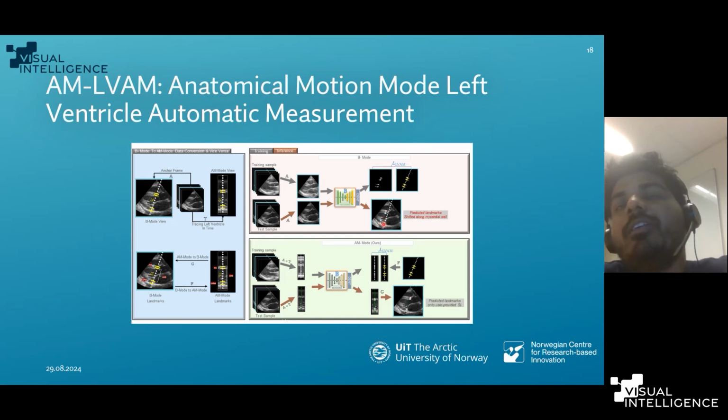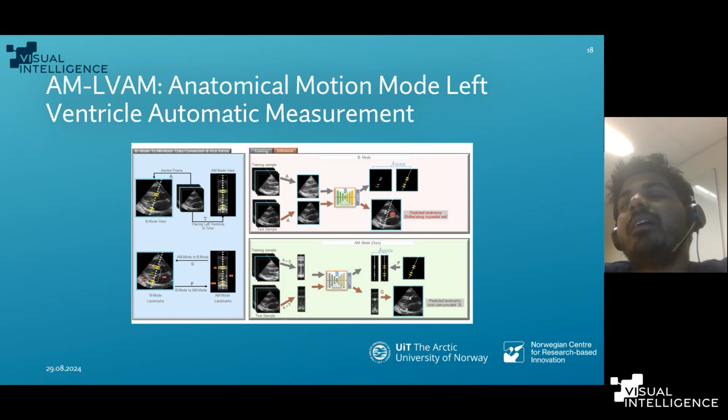and having a human in the loop also benefits us in that we can perform measurements at the basal level as well as the mid-ventricular level, which was the 2019 study that I was discussing in the previous slides.